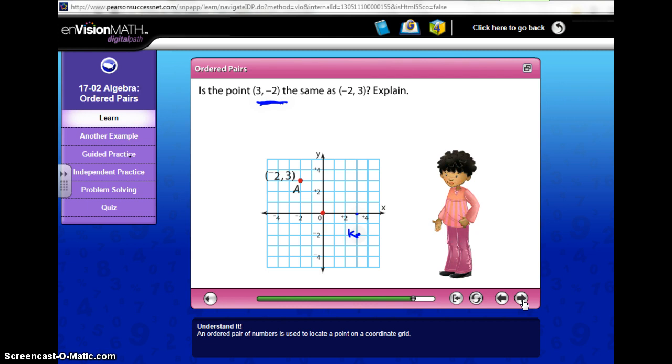Okay, so obviously, even though these numbers are the same, simply because they're in a different order, they're in a very different spot on our grid, as Kaylin just showed us. I would like you guys to open up your iPad.